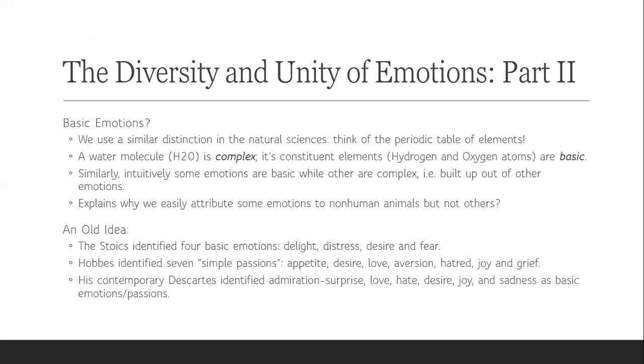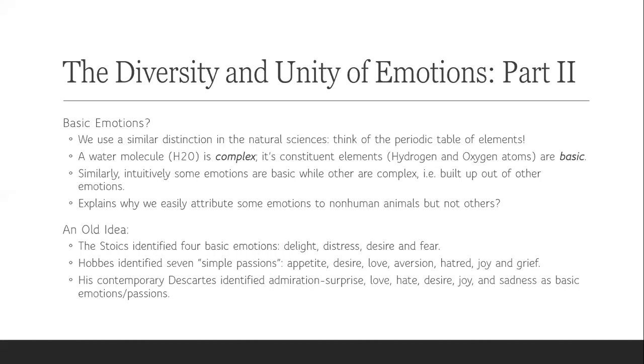The basic idea behind basic emotions is similar to the idea that we find in the natural sciences in chemistry, for example. If you think of the periodic table of elements, all of the elements on the table we could consider basic, in the sense that other molecules, other chemicals, are made up of those constituent elements.